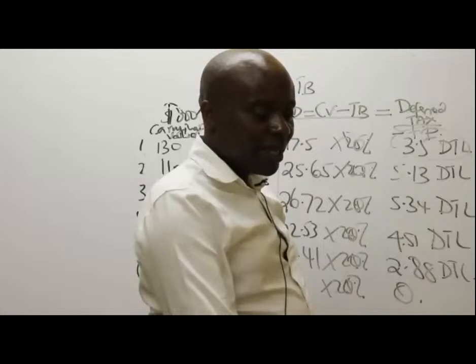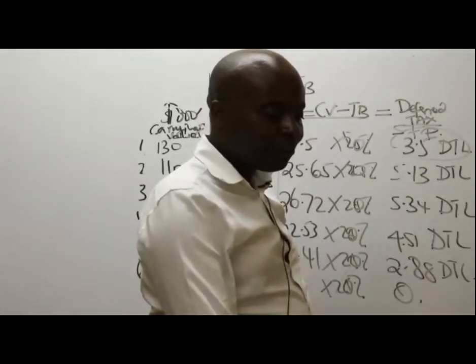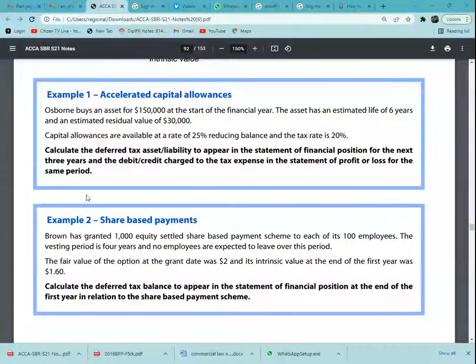Now let's come back here. This is a very simple question. Brown has granted 1,000 equity-settled share-based payments to each of its 100 employees. The vesting period is 4 years and no employees are expected to leave over this period.